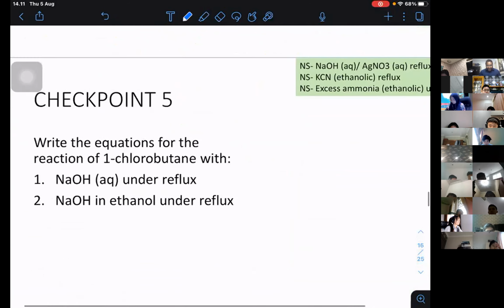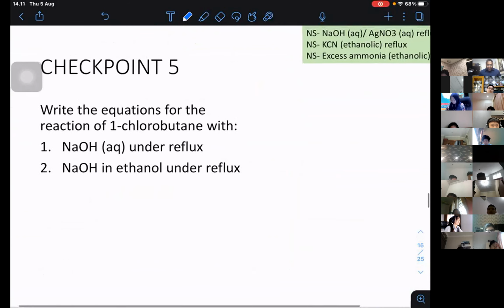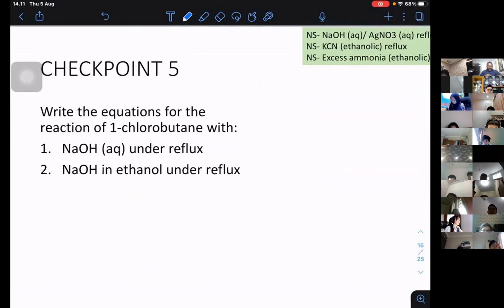So checkpoint 5. Let's say I'm going to write the equation for the reaction of 1-chlorobutane with sodium hydroxide aqueous under reflux, and sodium hydroxide ethanol under reflux, so they are going to be different.